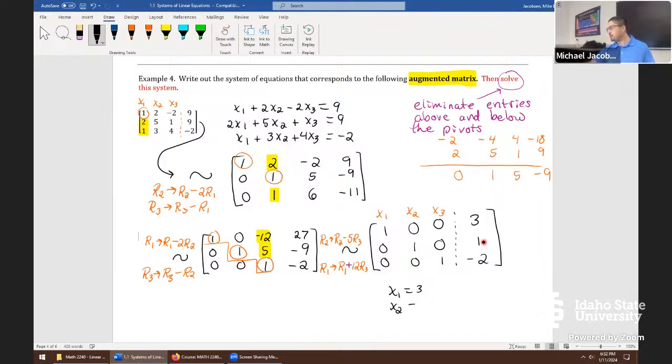So write in x2 equals 1. And for the last row, it says 1 times x3 equals -2. So it's just x3 equals -2. So that's our unique solution, and that means the system is consistent.